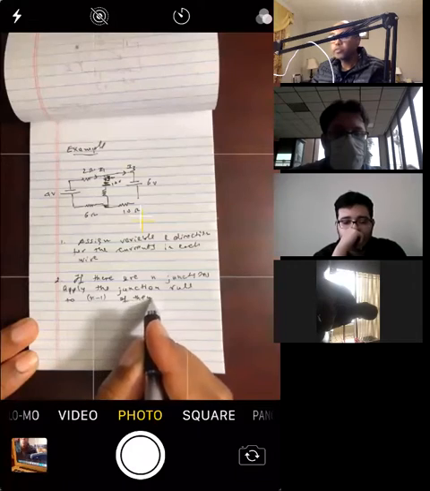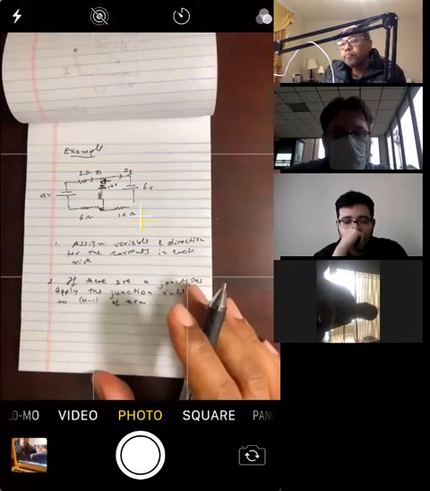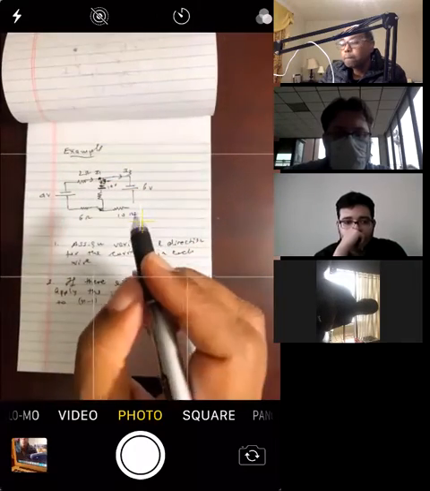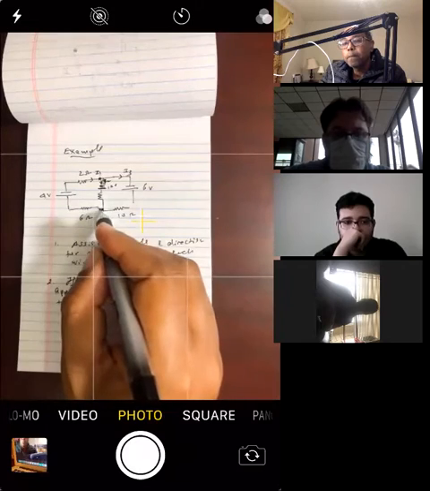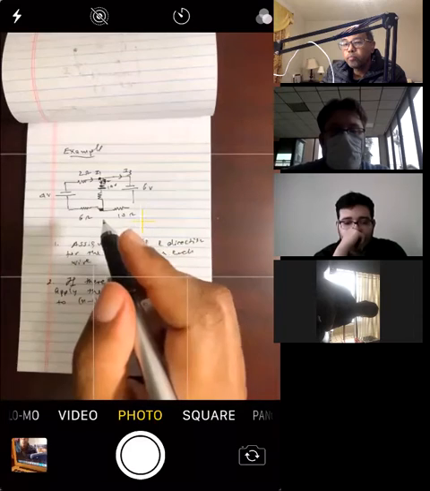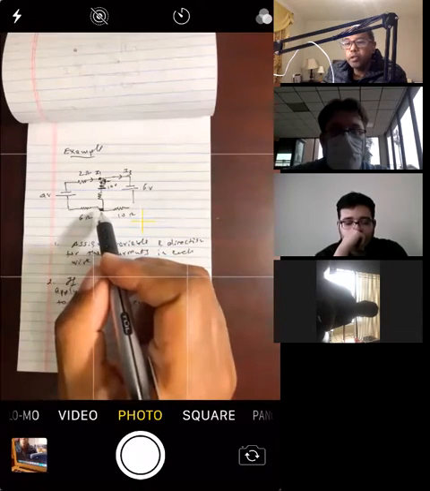So how many junctions do I have in this circuit? Can you tell me? How many junctions do I have? 2. There's one over here. Do you see another one? This one. I have 2. So I have to apply the junction rule only to one of them. Okay. The other one is going to be a redundant equation. I'm not going to get any information from it.